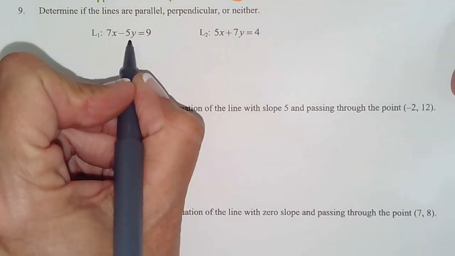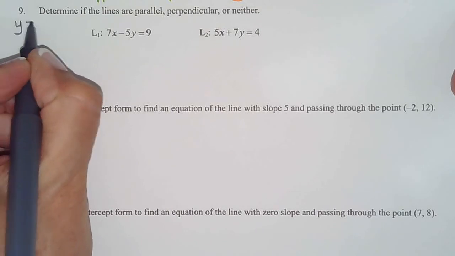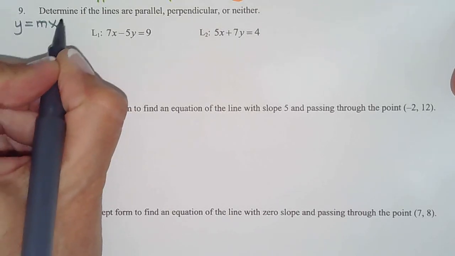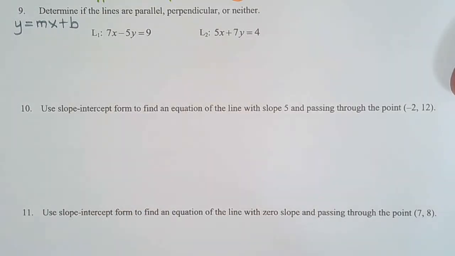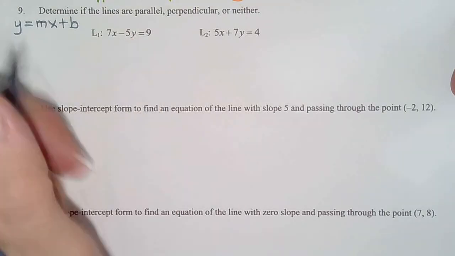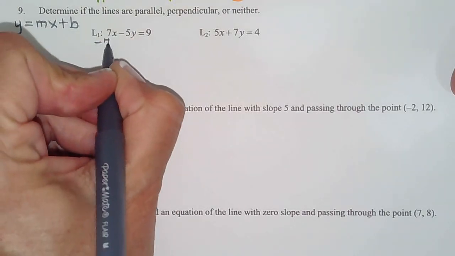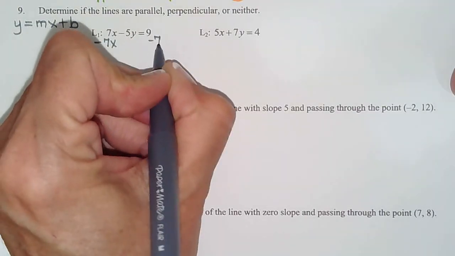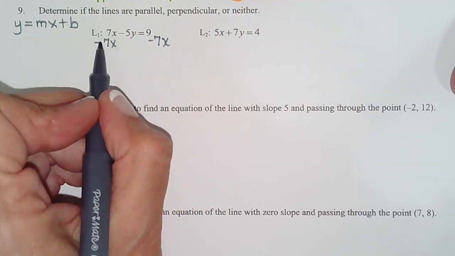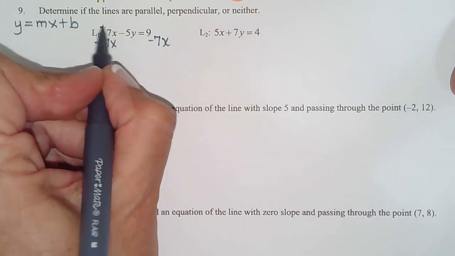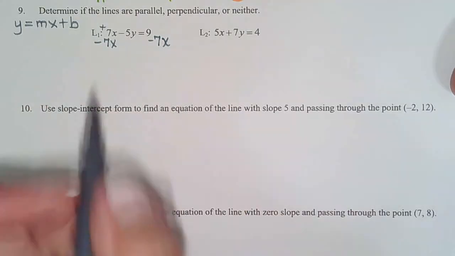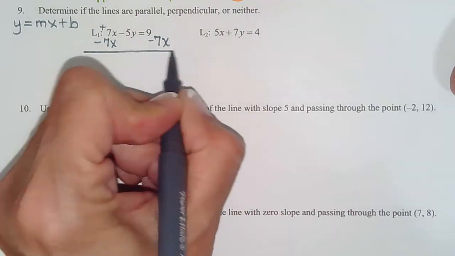Okay, so our number one goal, remember, is to make both of our lines look like y equals mx plus b. So to get y alone here, I'm going to have to subtract 7x, because I need the x on the other side, and right now it's a positive 7x, so do the opposite, subtract.